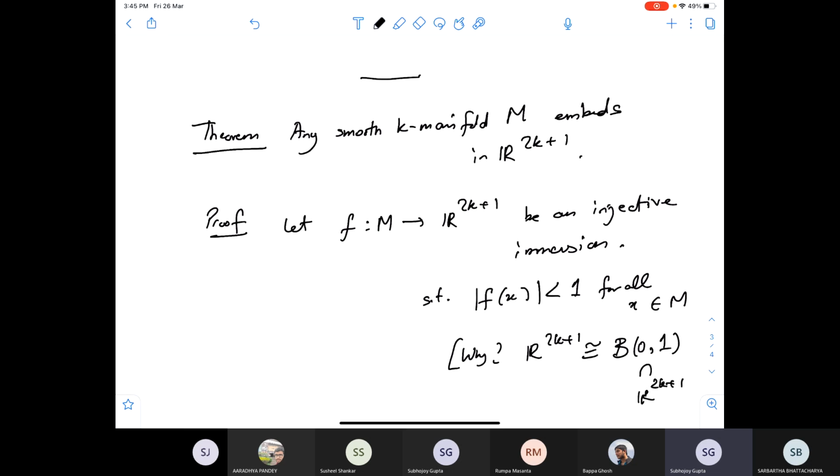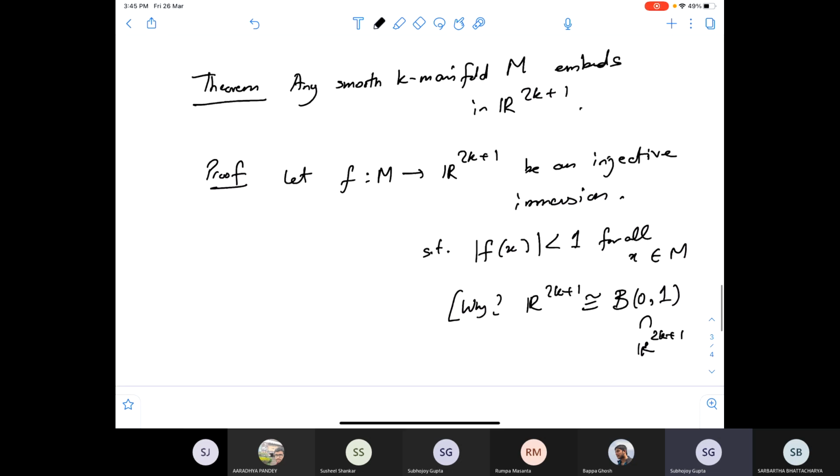This is something you probably all know. So if your initial map wasn't lying inside a big ball, you post-compose by that diffeomorphism and push everything inside a ball. So we can always assume that this injective immersion has bounded image.